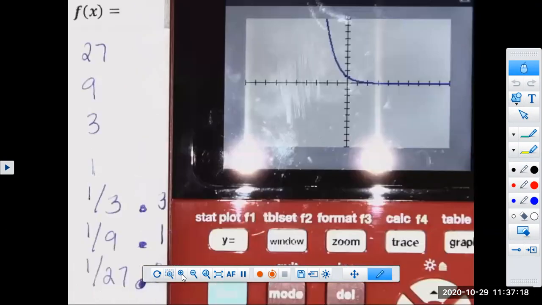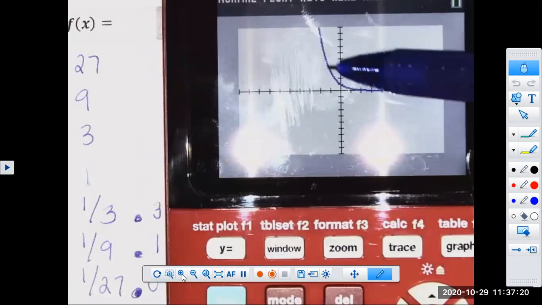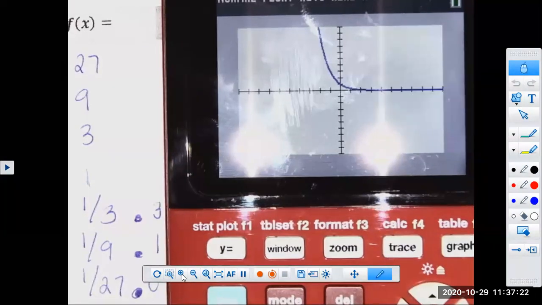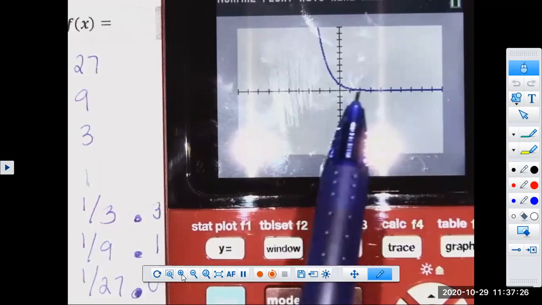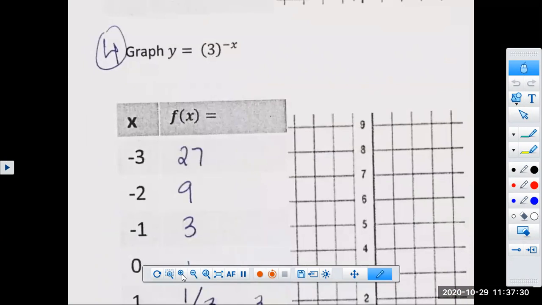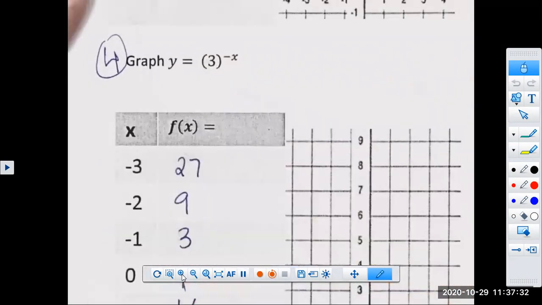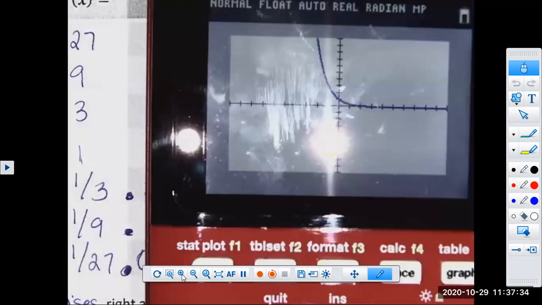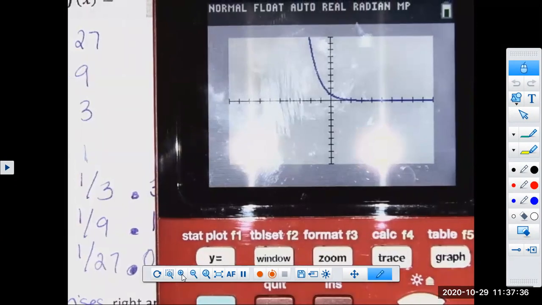And when you graph it, it should, of course, be falling to the right, rising to the left. Why has this graph, because look, our b value is positive and greater than 1, but why is this graph falling to the right, rising left? Why do you think that's happening?